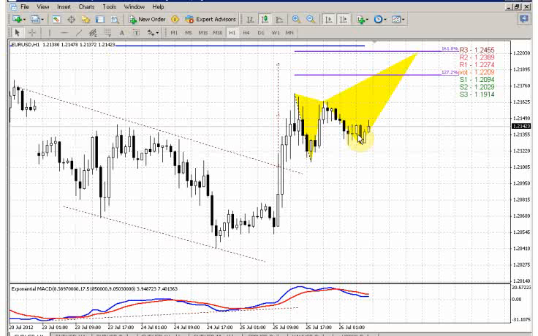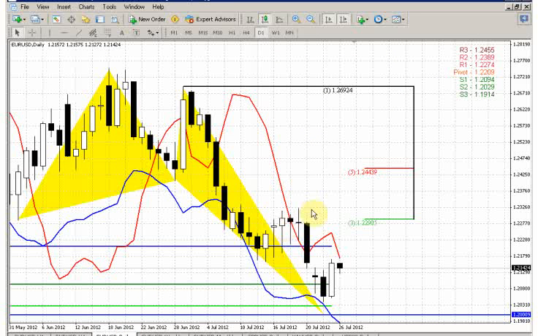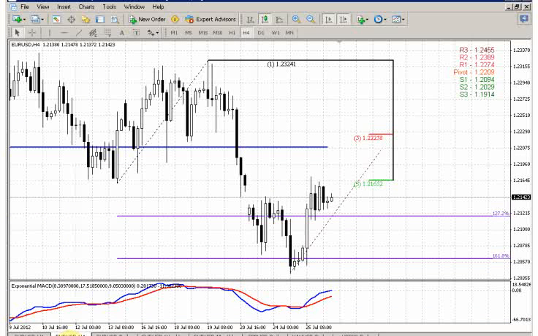This move currently has no significant foundation, so it could be just a technical move, and if our assumption about the potential three drive buy pattern on the daily time frame is correct, with this move to the upside we do not see anything strange. This is absolutely in line with this pattern if it is indeed formed by the market.